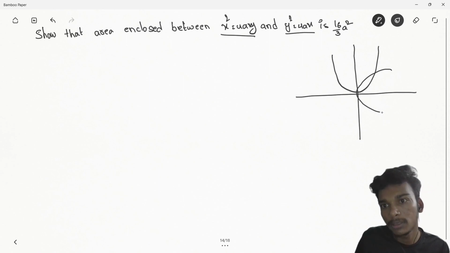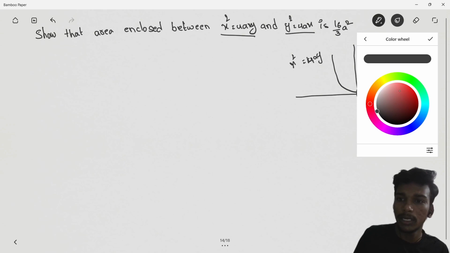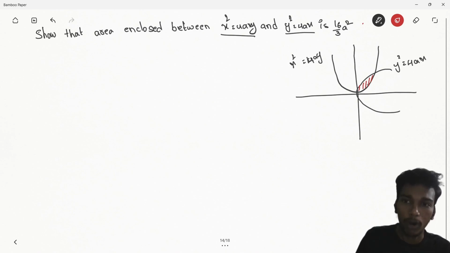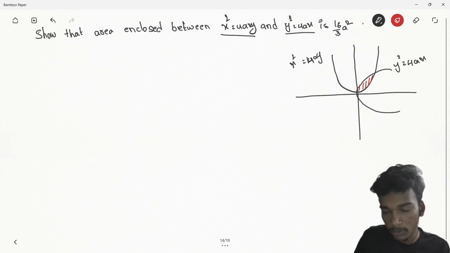Just look at this: the graph of x square is equal to 4ay and the graph of y square is equal to 4ax, right? And this is the area enclosed between the curves. If you are going to find the area between these curves by using conventional methods, like using some formulas, it's almost going to be impossible because we don't know how the region is being formed between these two curves.